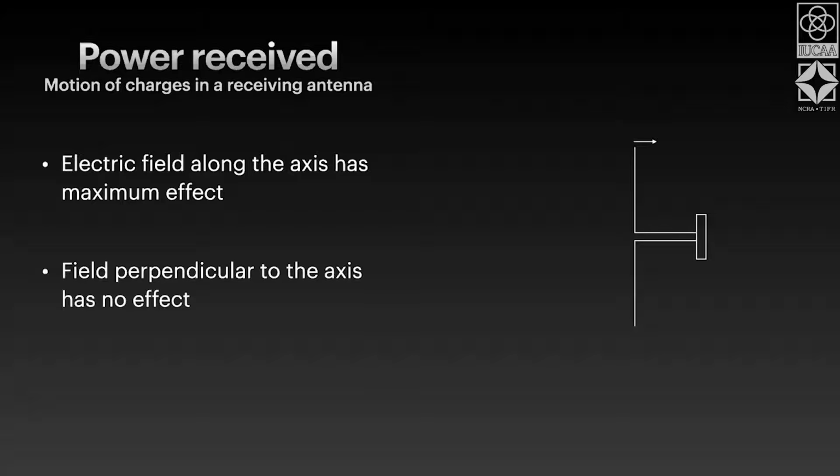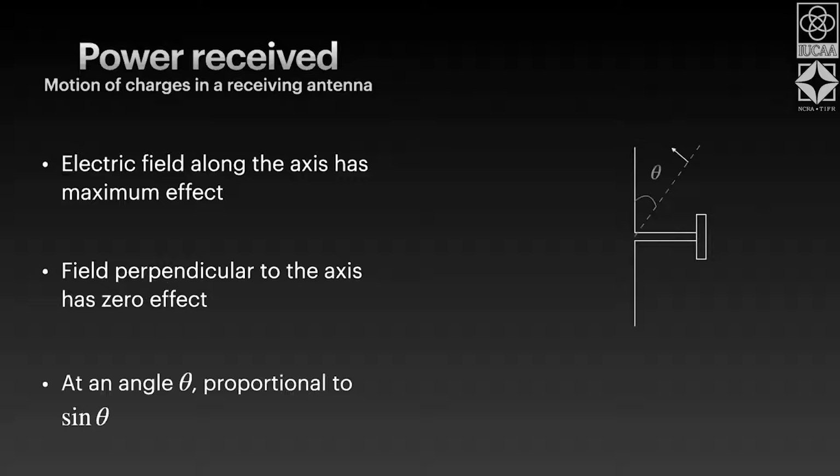Whereas when the electric field is perpendicular to the axis, it has almost no contribution towards the current for a thin wire-like dipole. For a general angle theta, it is proportional to sine theta: the electric field reduced by a factor of sine theta is the one that will drive the current.